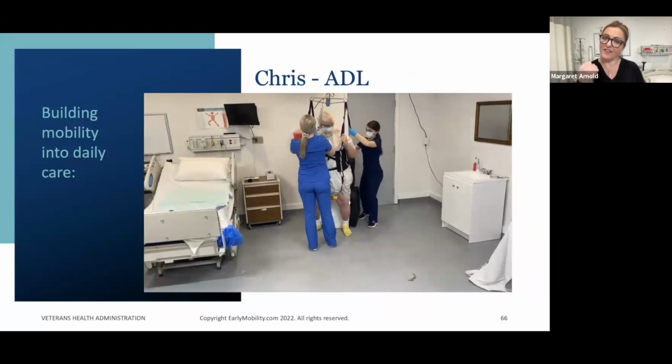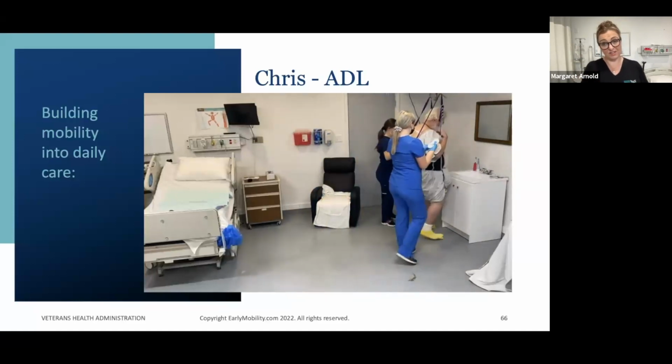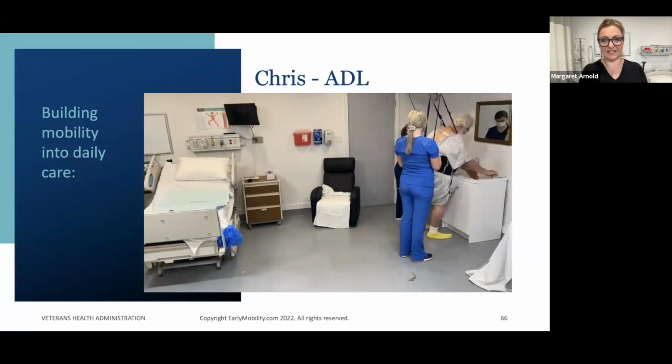And you saw that the first part of the lift he needed help with, but when it comes to the rest of it, he can activate his own muscles. So once he's up, he can walk. But if Chris were to fall, what would that look like for Chris, and what would that look like for the nurses?